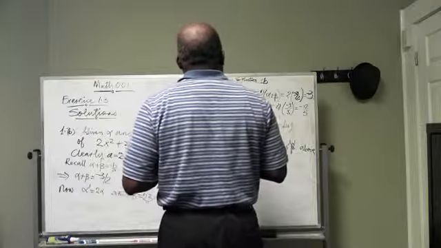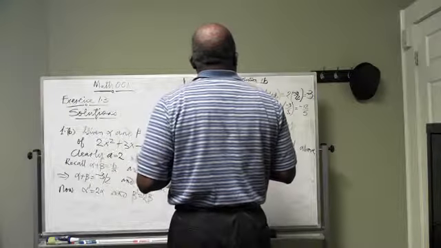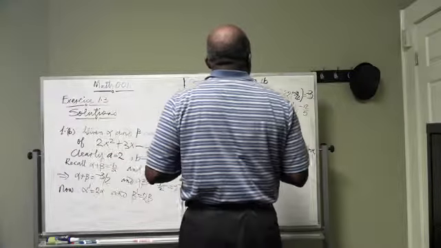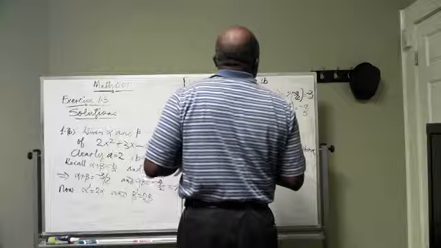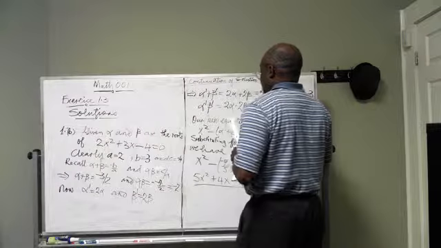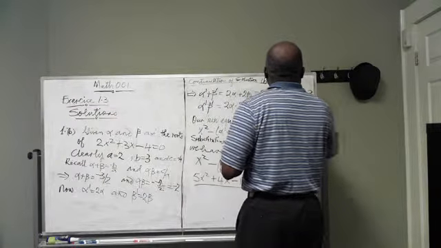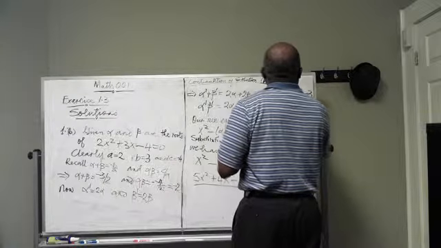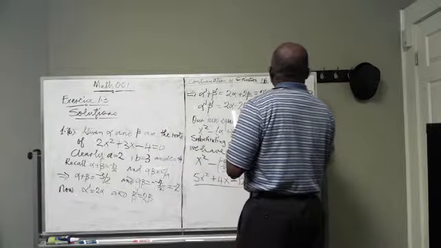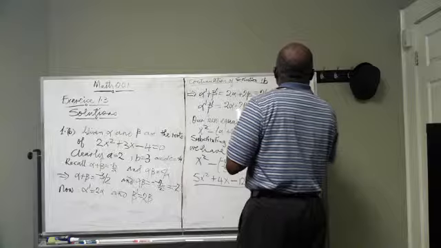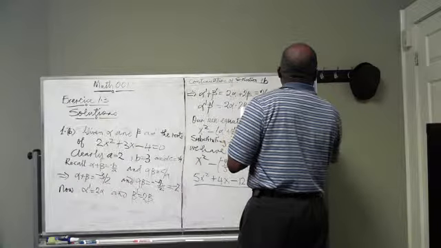And alpha prime beta prime is equal to 2 alpha times 2 beta, which is equal to 4 alpha beta. This will be equal to 4 into minus 2, which is equal to minus 8.